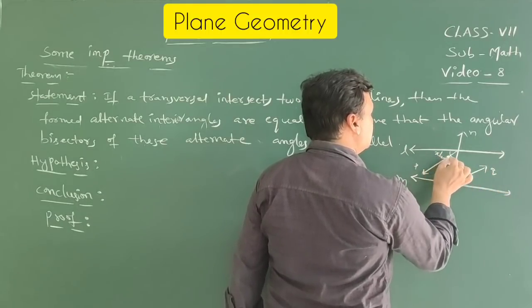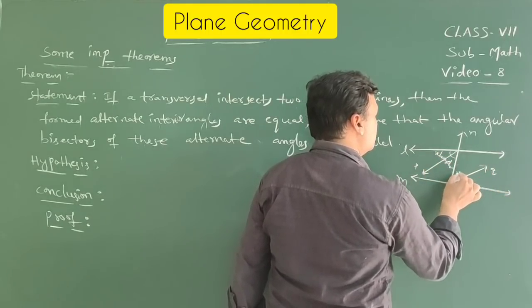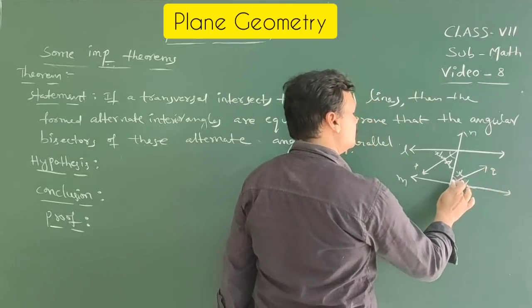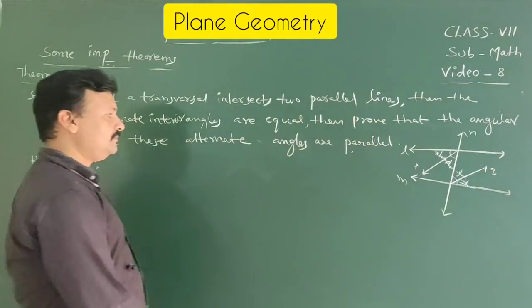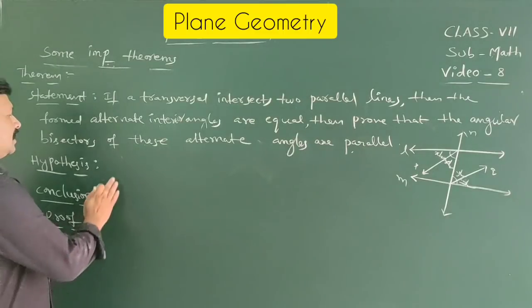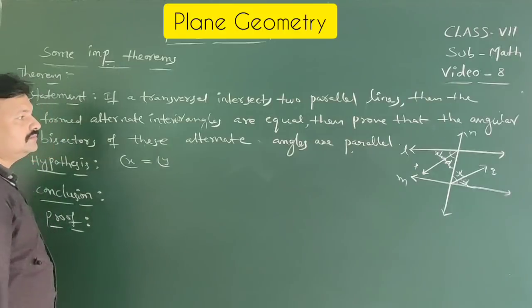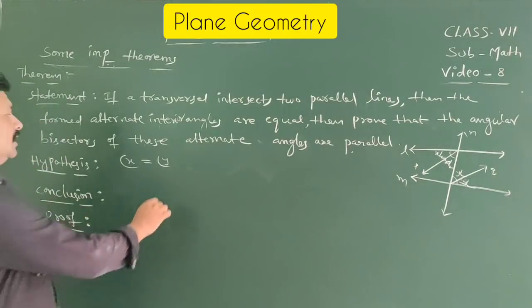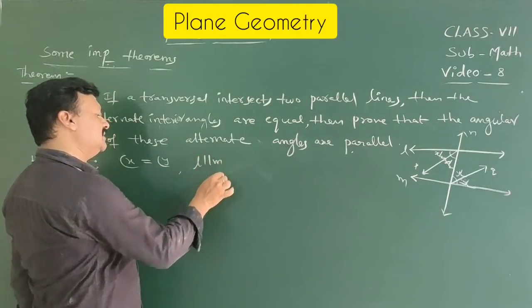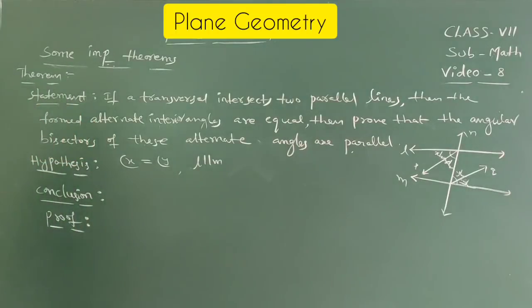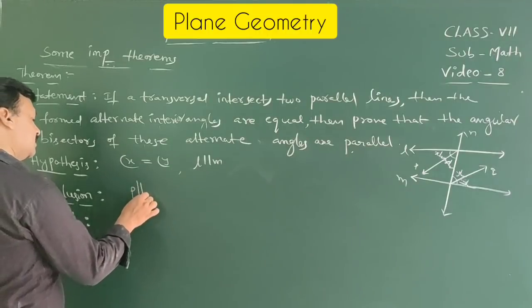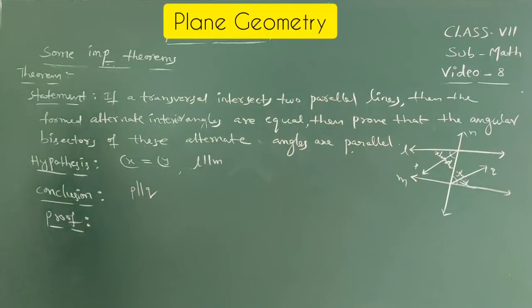It divides X into X by 2 and X by 2, and Y into Y by 2 and Y by 2. Hypothesis: X equals Y, L is parallel to M, and N is a transversal. These are already known things. Conclusion: you need to prove P is parallel to Q.